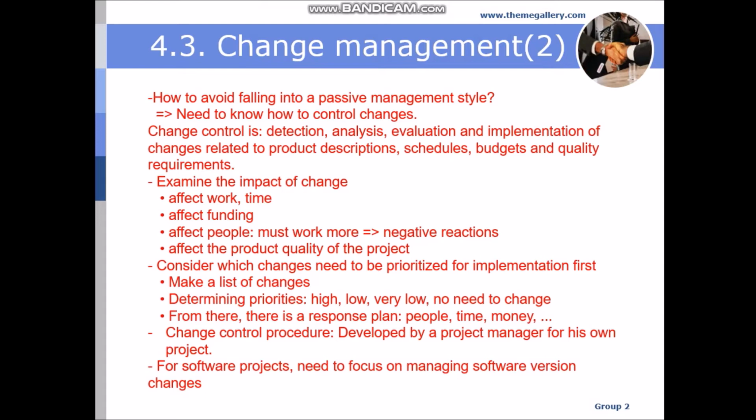Consider which changes need to be prioritized for implementation first. Make a list of changes, determining priority. From there, make a response plan for people, time, or money, and so on. The change control procedure is developed by a project manager for his own project. For software projects, need to focus on managing software version change.